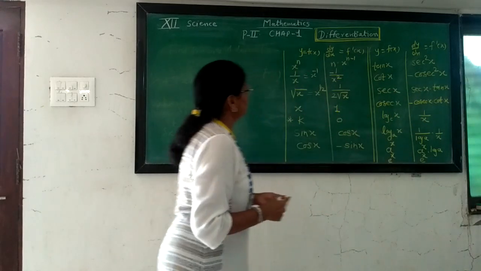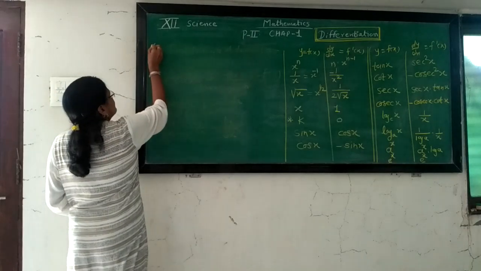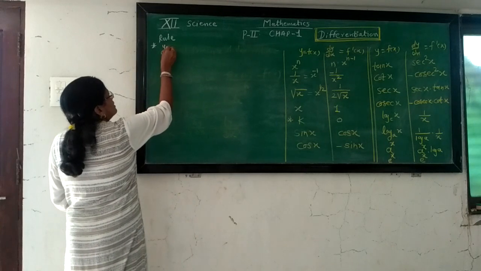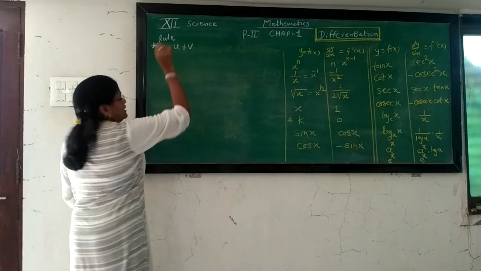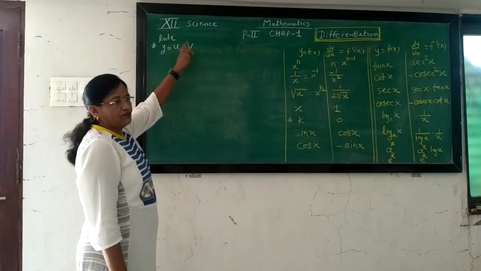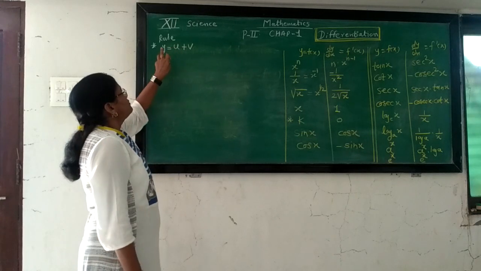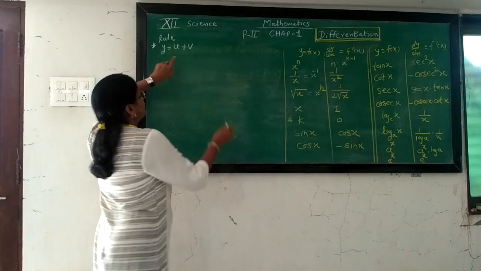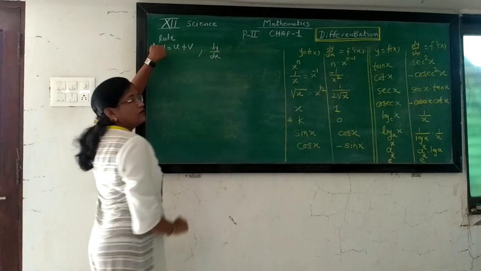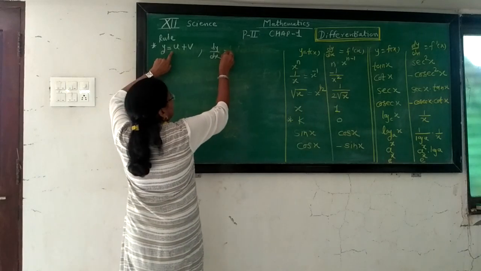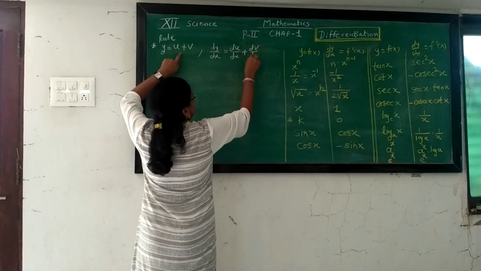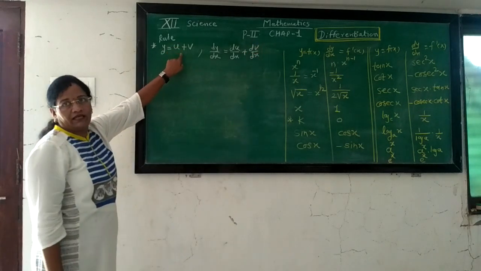Let y is equal to u plus v. So for this we can take rules of differentiation. As first rule, y is expressed as addition of two functions. For this, the condition is that u and v are differentiable functions of x, and y is again a differentiable function of x. Then the rule is defined as derivative of y with respect to x is nothing but derivative of u with respect to x plus derivative of v with respect to x.